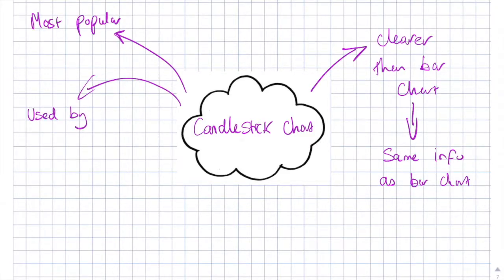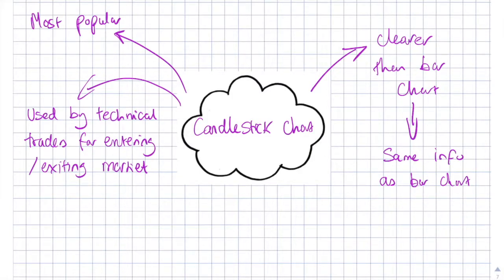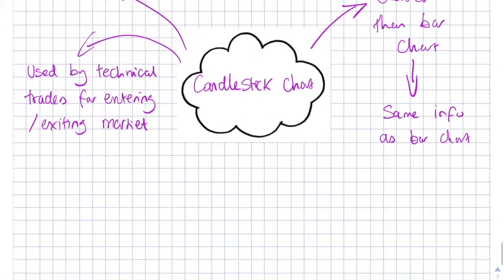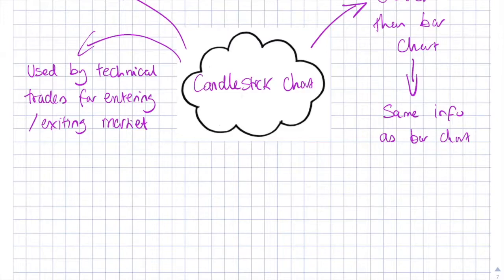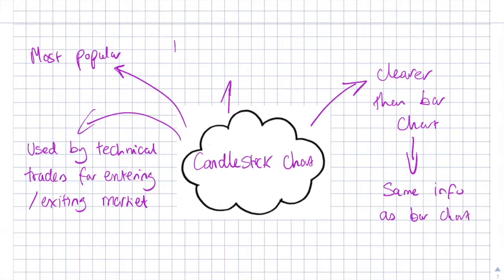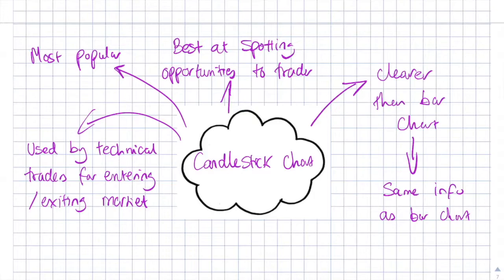And it's used by technical traders for entering or exiting the market, like I showed you with those strategies and patterns, and how it can give traders information about whether to enter or exit the market. Very useful, and it's the best at spotting opportunities for traders. And like I said before, it gives the most information in the clearest way possible.